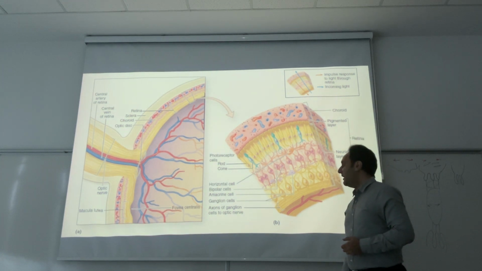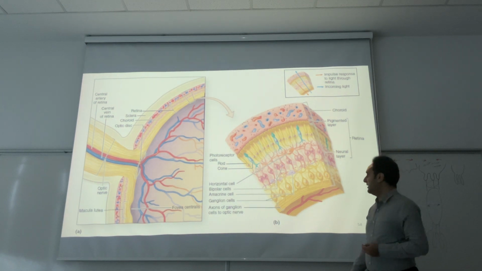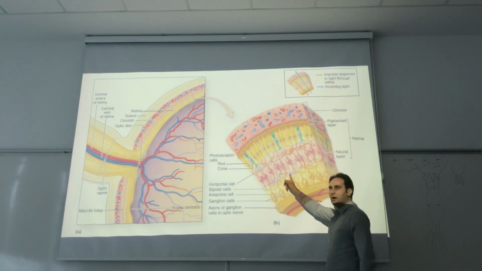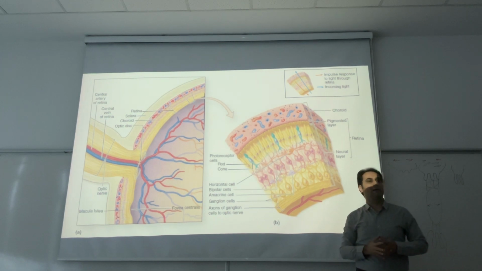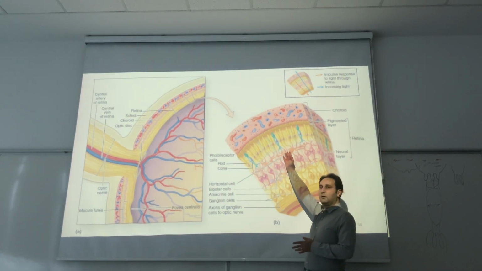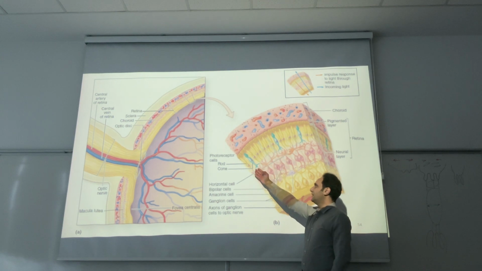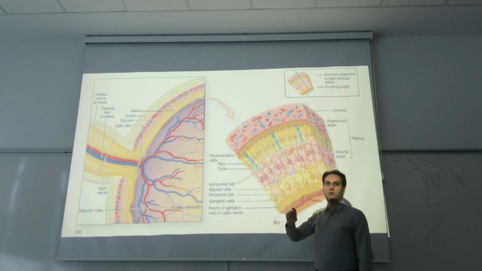Also, we have two other cells, the horizontal cells and amacrine cells. These cells are supportive cells. One of them is present a little on the outer side of the retina layer, neighbor to the area of the connection with rod and cone cells and bipolar cells.